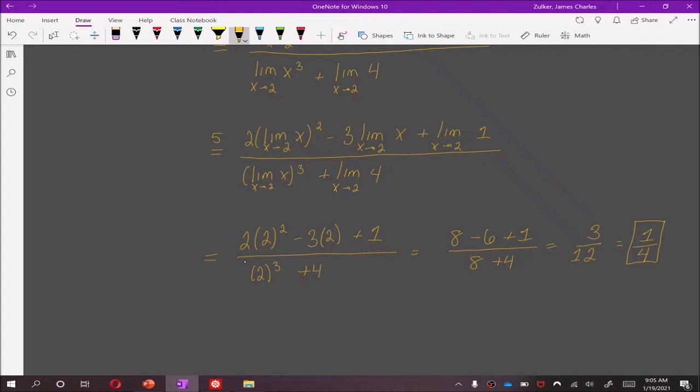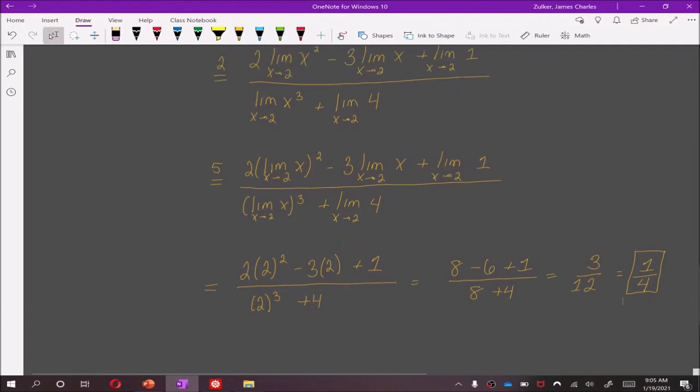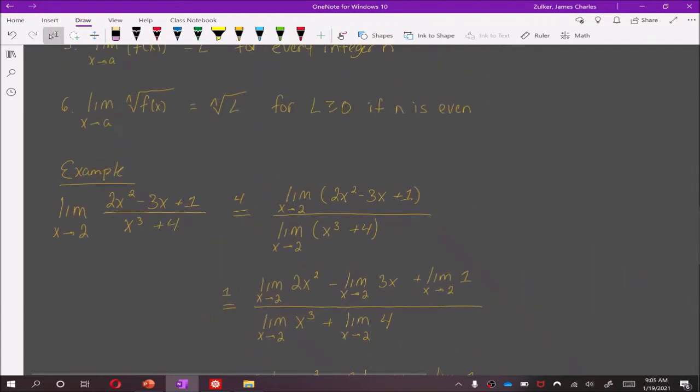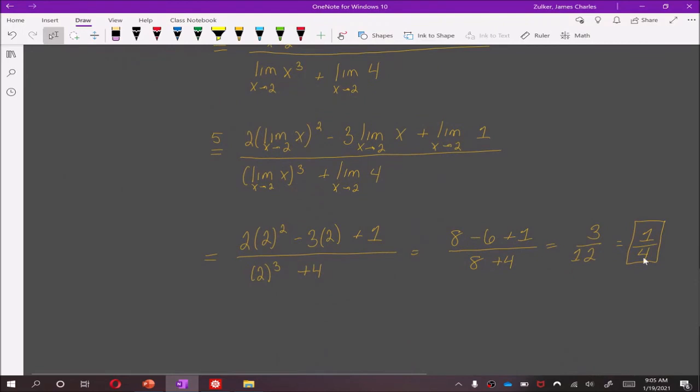Now, an interesting observation to make. If, at this step right here, we were just to plug in 2 for x, then we would also get 3 over 12, or 1/4. So it appears that we can just plug in a for x, and that would give us our limit.